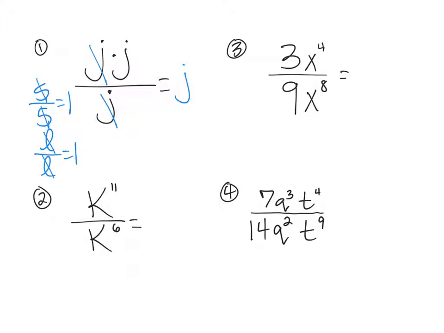Okay, what about number 2? I have k to the 11th power, over k to the 6th. So how can I cancel?